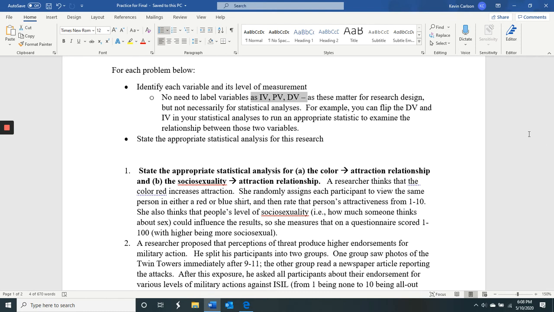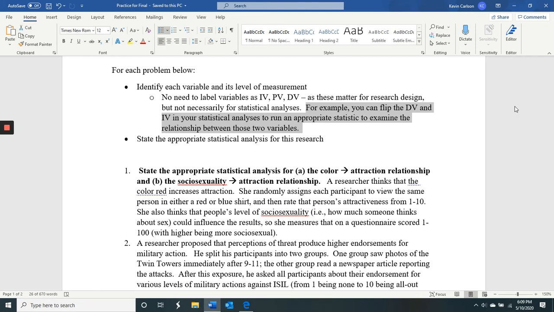They're not really about statistics, because for statistics, as I mentioned here, you can actually flip the DV and IV around to run an appropriate statistic, because the statistics is just testing the relationship between two variables. So it's really about the relationship and choosing the right statistic. It's not whether the DV is labeled properly or not in SPSS.